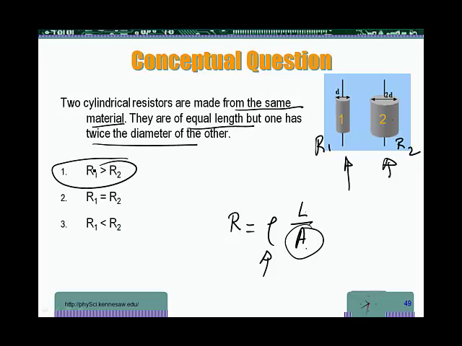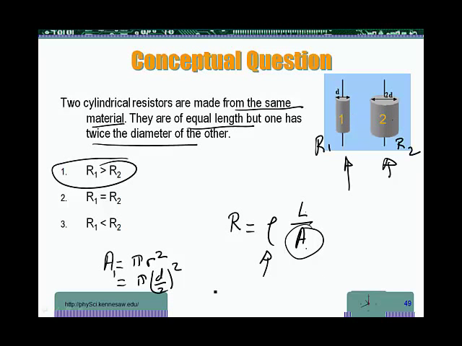I would like to note here as well, it's not a linear dependence, because the area is equal to pi r squared. I'm writing a small r here. Now for the first one, pi times d over 2 squared. That's A1 for 1.